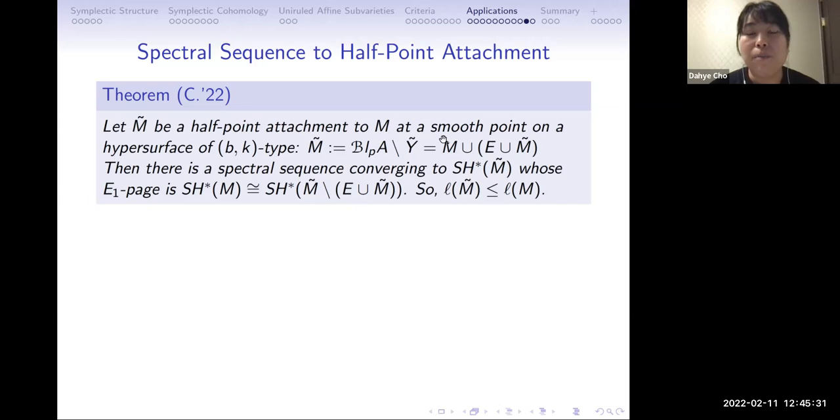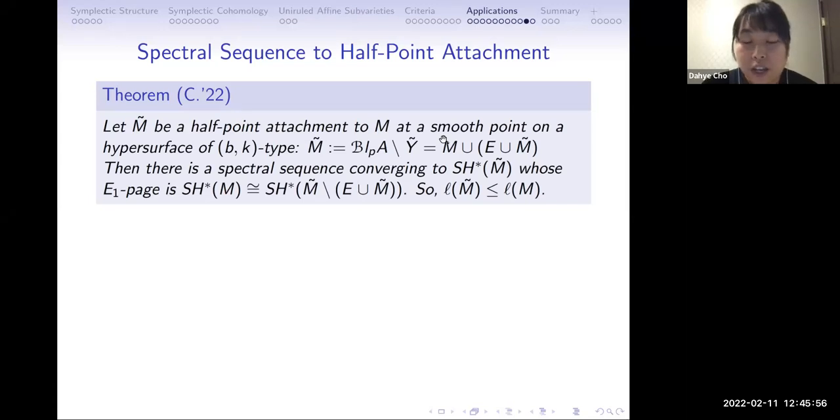There is a blow up of A and we delete the proper transform of Y. But we can consider it as M union the exceptional divisor. So we delete E, and this gives us a spectral sequence.